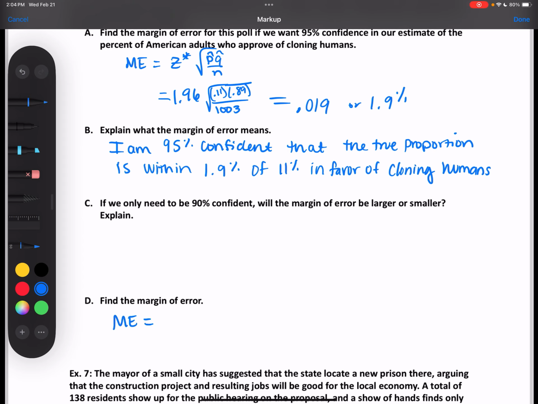So what's the Z star for confidence of 90%? 1.645. So 1.645 times the square root of 0.11 times 0.89 over 1003. So find that number, and then we'll decide if it's smaller or larger.